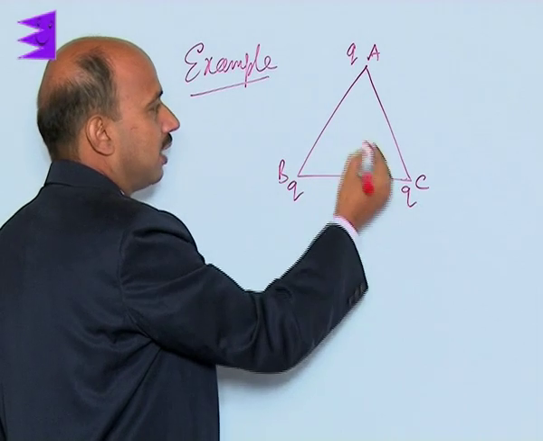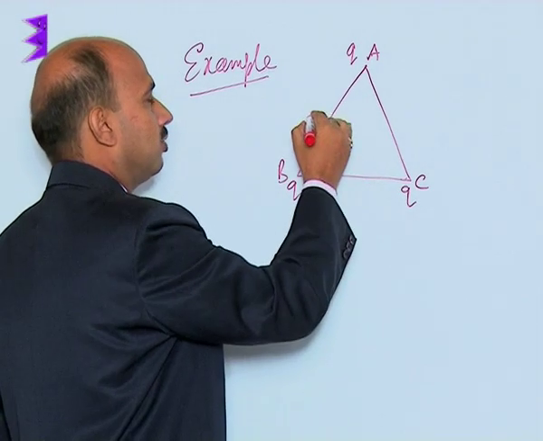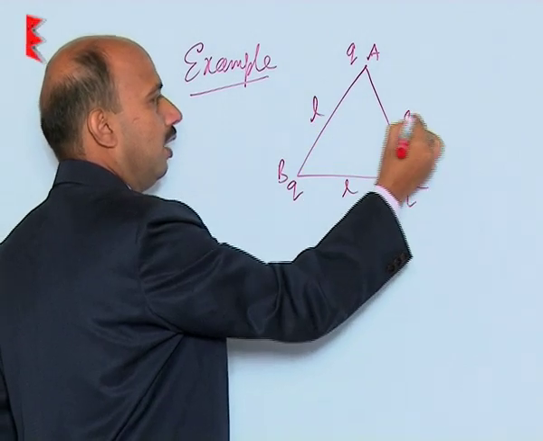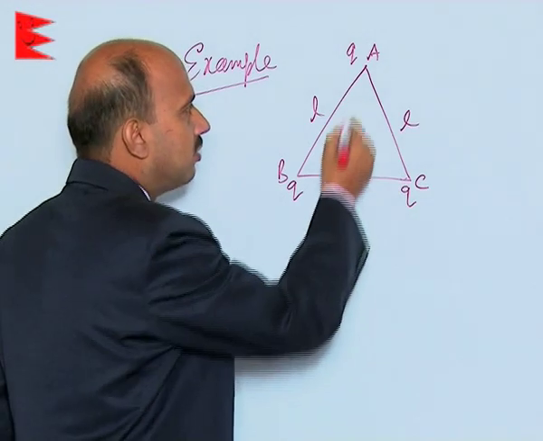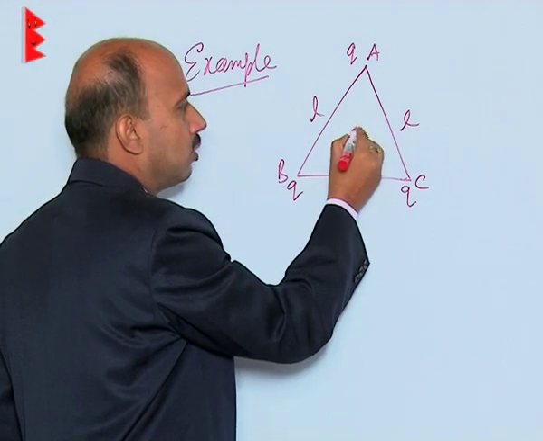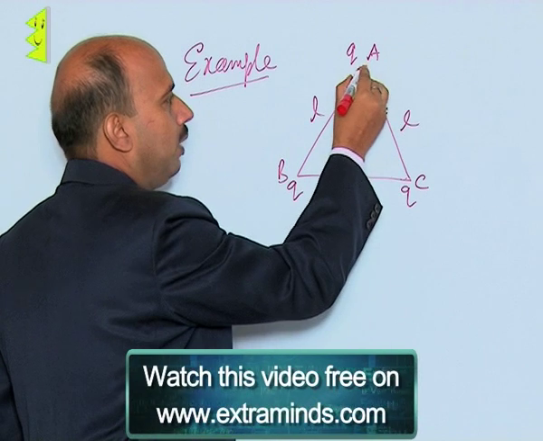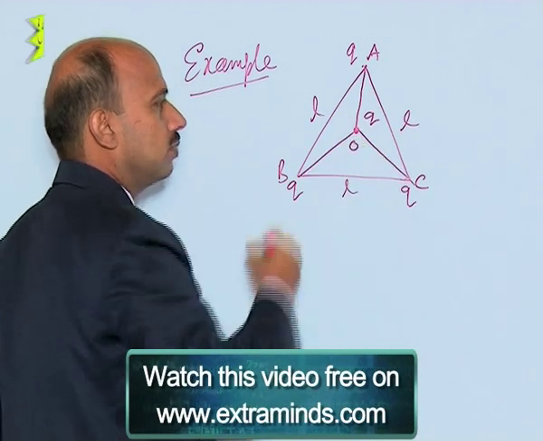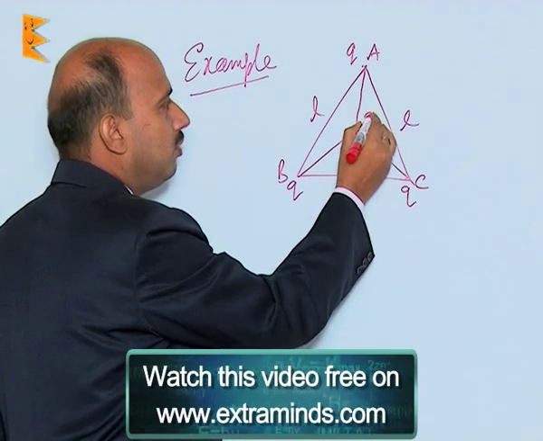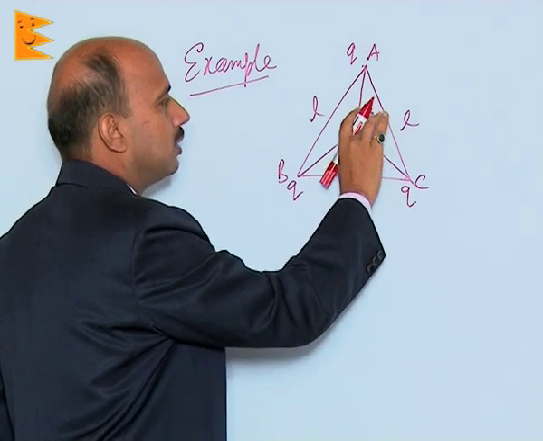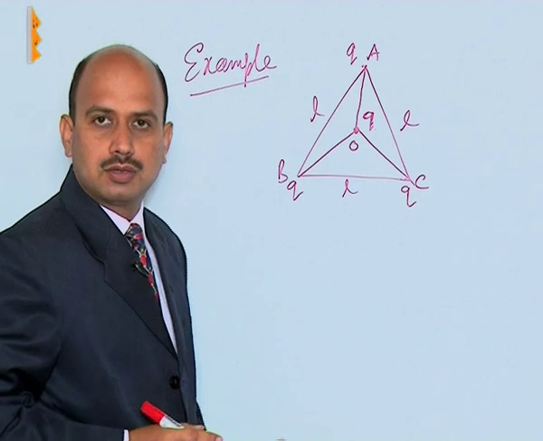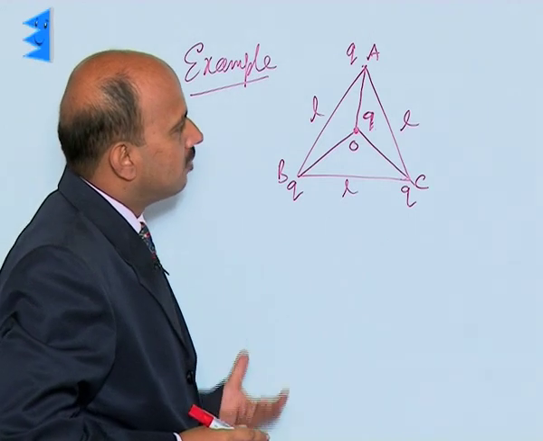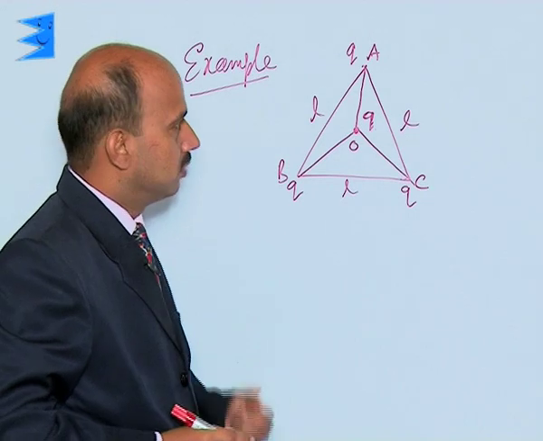Sides of this triangle are suppose L, L and L. There is a fourth charge placed at the centroid, that is Q. We have to calculate net force on this charge. So what is the force experienced by the charge Q placed at the centroid? So this is actually based on the principle of superposition.